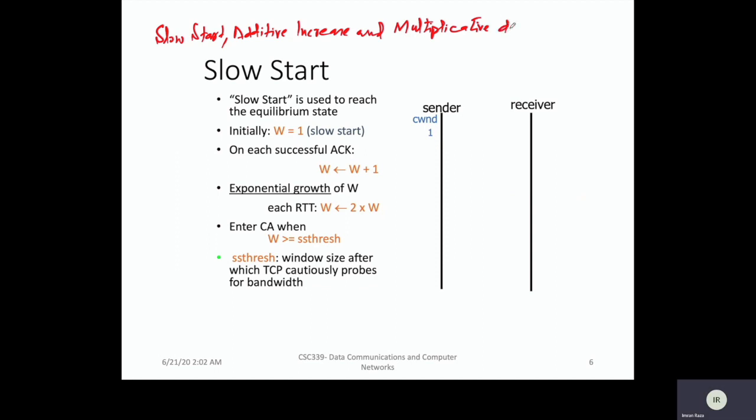Let's talk about the first important part of TCP congestion control mechanism, which is called slow start. Slow start means TCP will be sending data at an exponential rate upon receiving an acknowledgement before reaching an equilibrium.